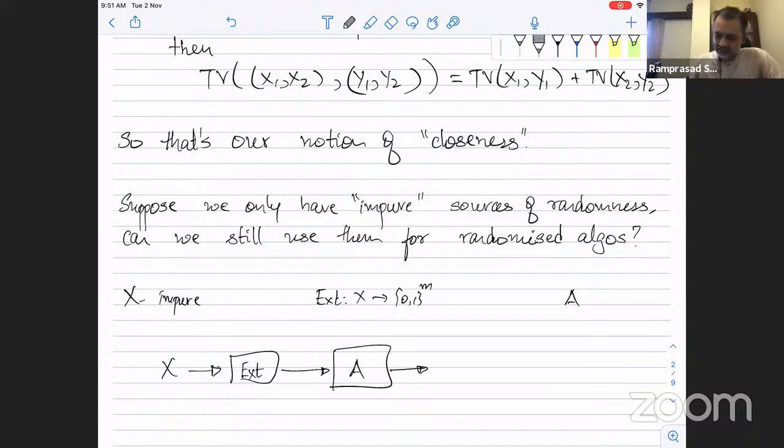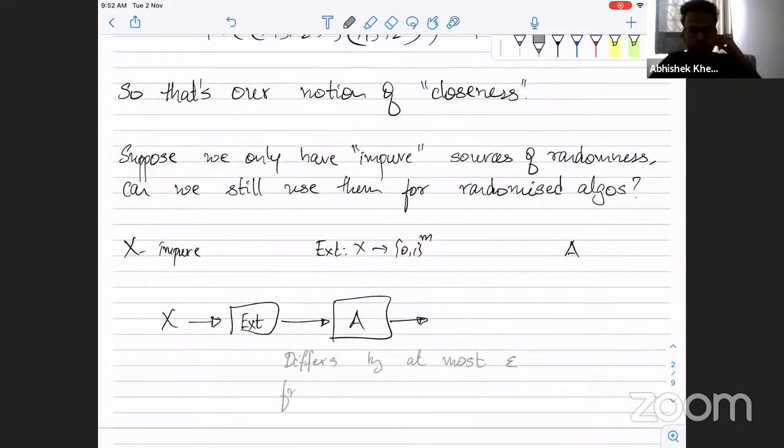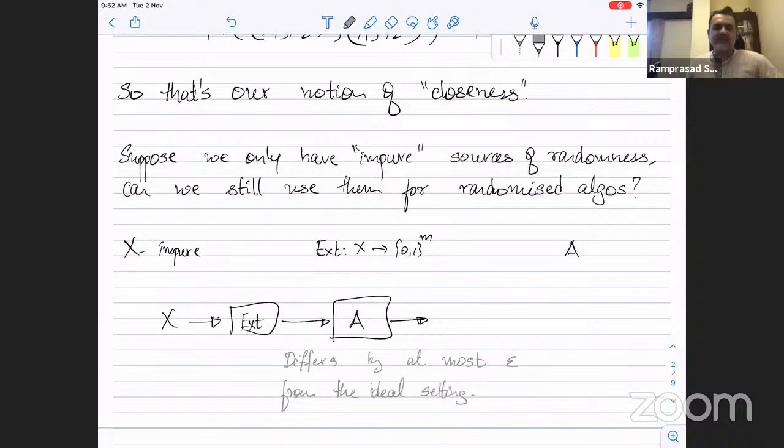Now we know that this differs by at most epsilon from the ideal setting. Yeah. So this basically gives us a way of formalizing that we can also work with these extractors.